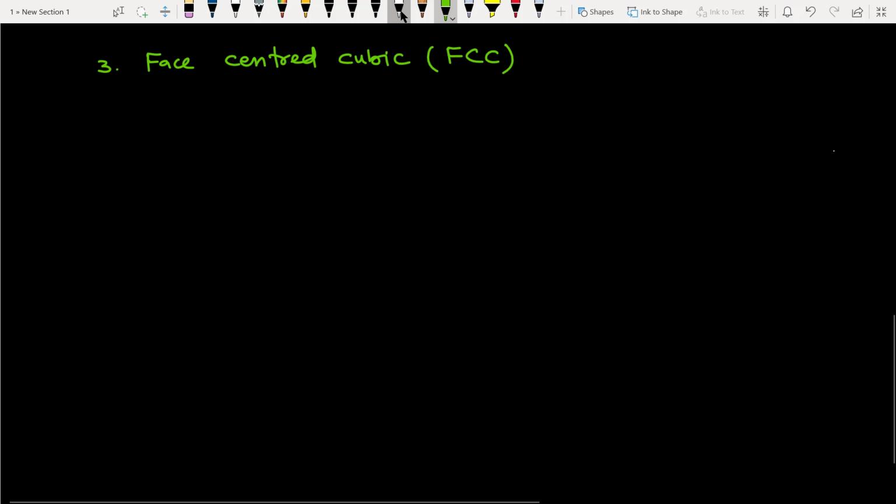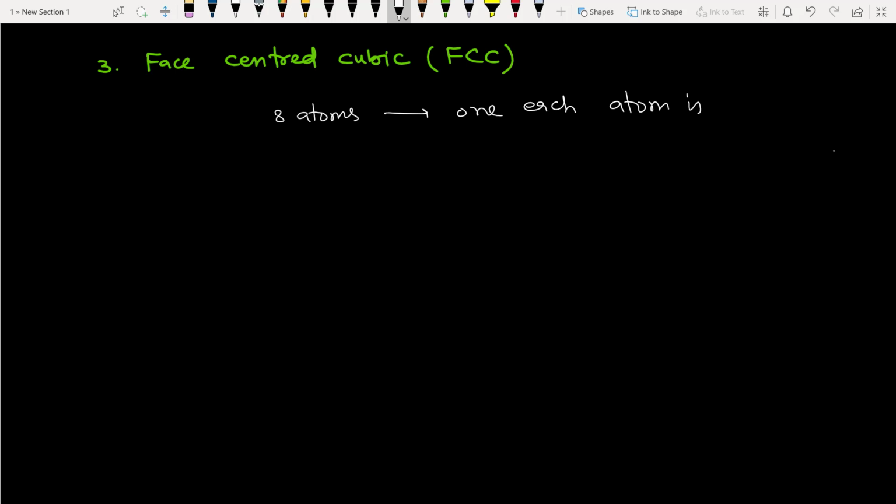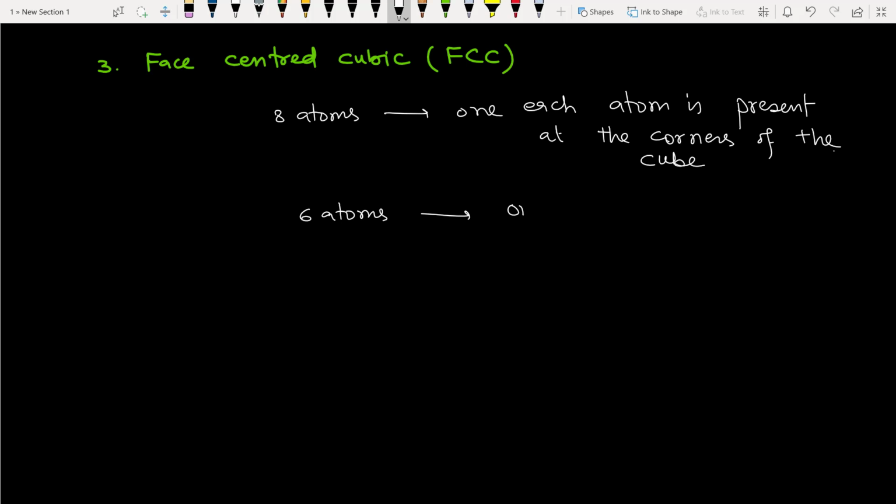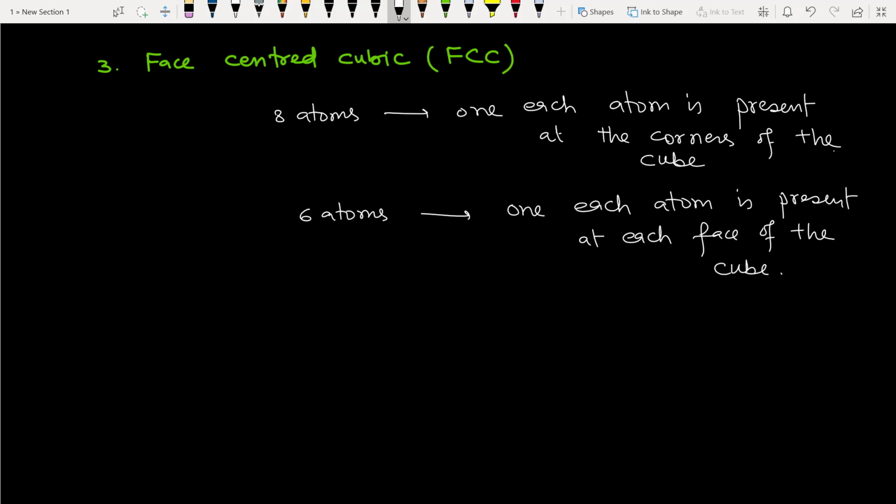Here 8 atoms, one each, are present at the corners of the cube, and 6 atoms, one each, are present at each face of the cube. There are 6 faces of a cube, so we need 6 atoms.